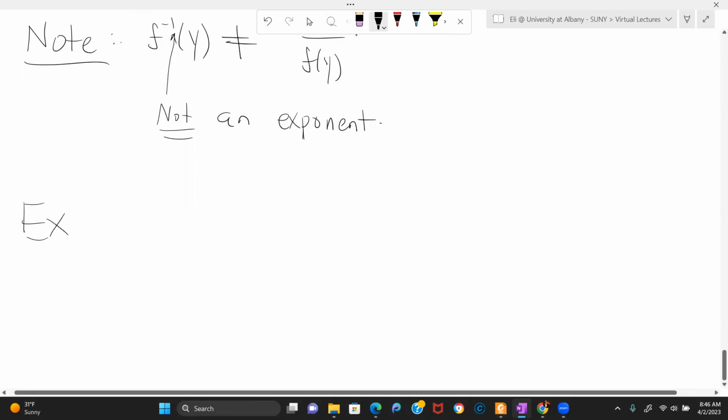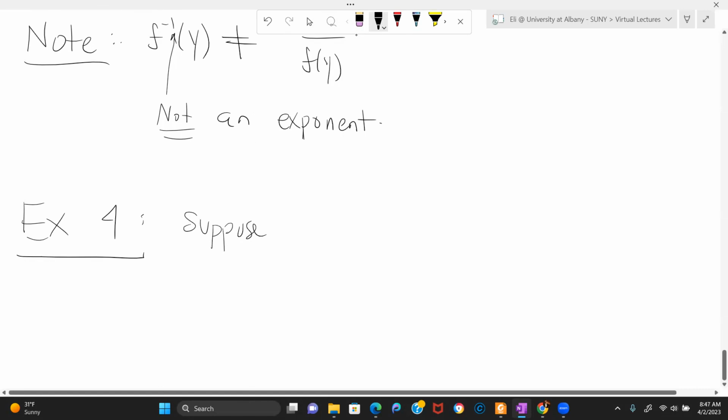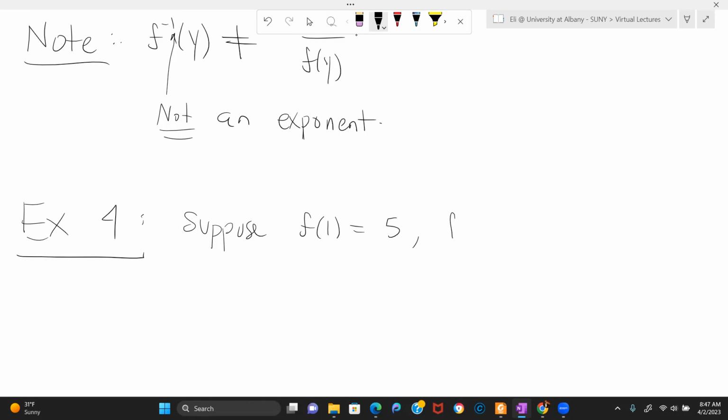All right, so now let's go through example 4. Suppose I give you a function f, and I'm telling you that f sends 1 to 5, it sends 3 to 7, and it sends 8 to -10.